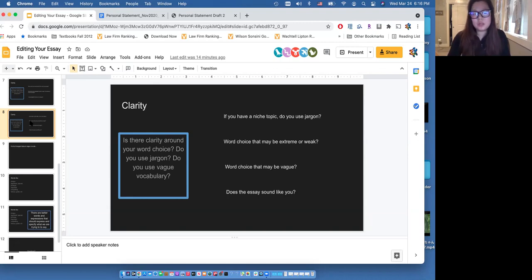So you really want to get rid of any jargon, or explain it if it's necessary in your essay to understand the message. So really fish for that. And I do suggest asking someone who is not in your field to read your essay to see if you're missing any of that. Word choice that may be extreme or really weak.